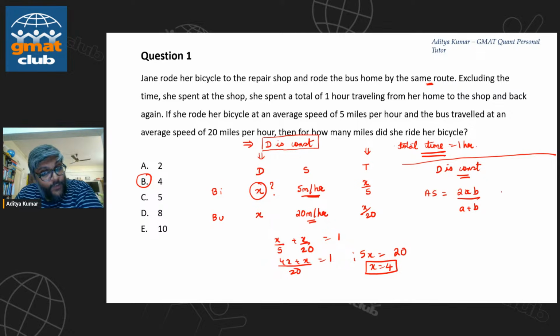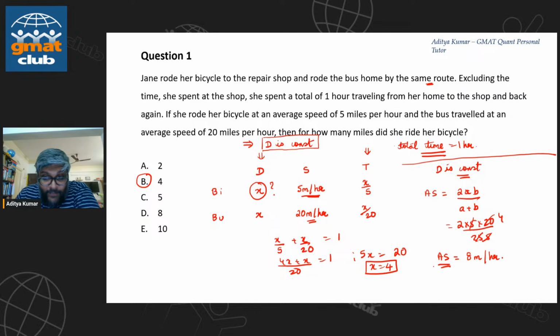This is an alternate approach to work. So that will be 2 into 5 into 20 divided by 25. So 5 5s are 25, 5 4s are 20. That will give me the average speed for the entire journey. Remember, average speed is always for the entire journey. That means up by bicycle, down back by bus. So her average speed is 8 miles per hour.